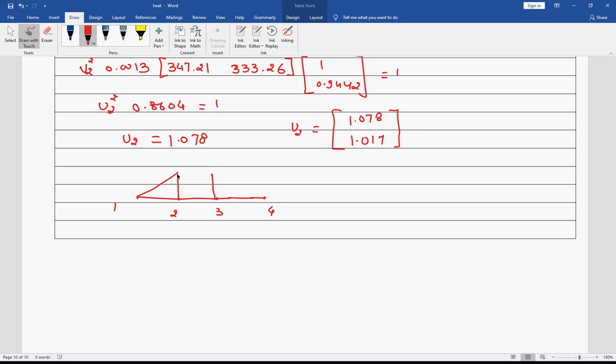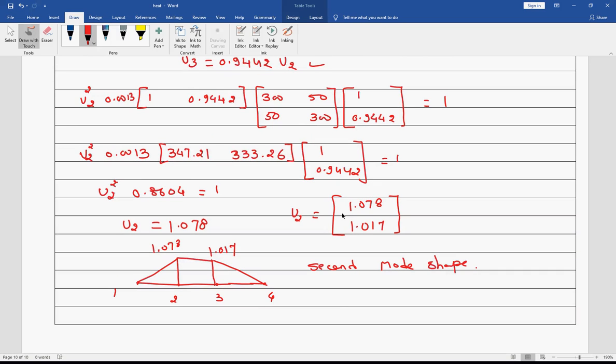So my mode shape is going to be something like this, and this value is 1.078, this value is 1.017. So this is my second mode shape. So that is done. If you know how to solve this problem, then full marks to you.